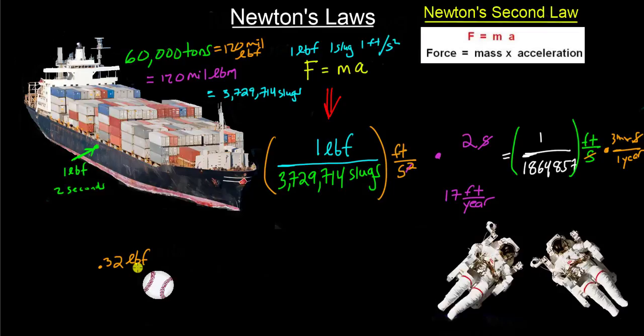This means that an average baseball has a mass of 0.00009944 slugs. There are our fundamental units. I worked out all these numbers.